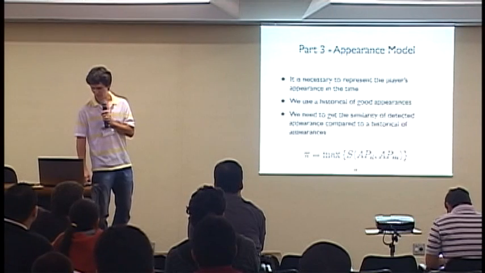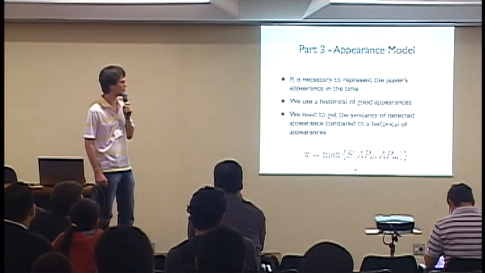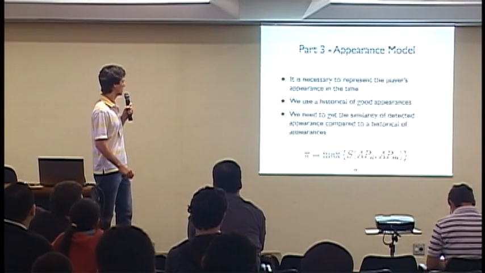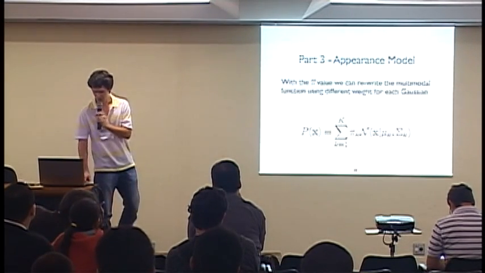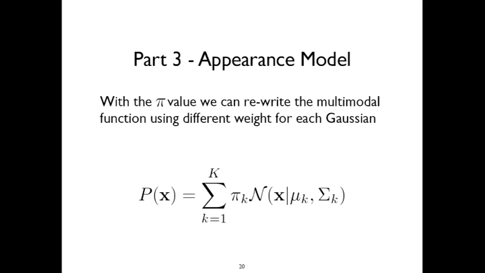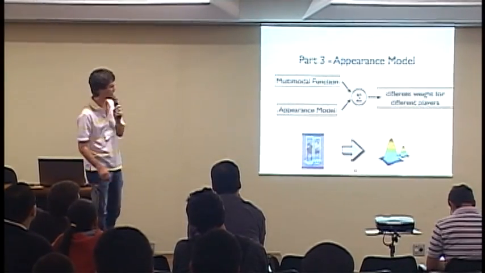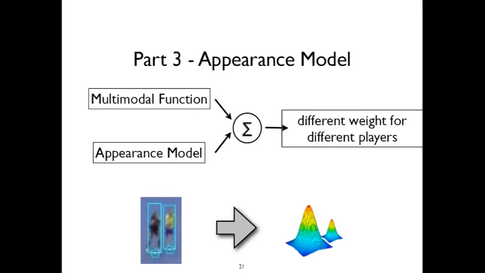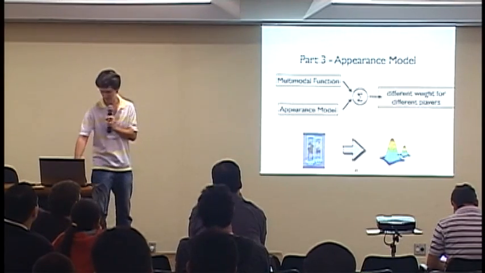For this, we compare the detected appearance with all appearances in that historical model, and then we take the biggest one and represent it by the letter P. With this, we can rewrite the multimodal function using 2 different Gaussian widths. Now, in this situation, using multimodal functions and the appearance model, different people have different widths.